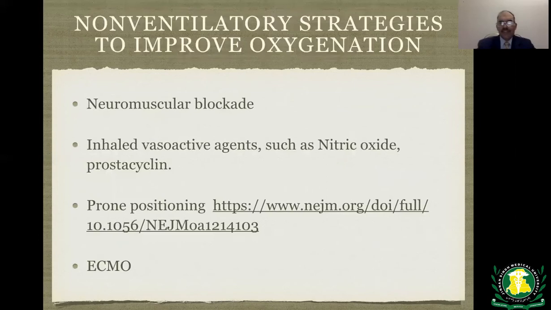Non-ventilatory strategies to improve oxygenation in case of severe hypoxemic respiratory failure, such as ARDS. These include neuromuscular blockade, inhaled vasoactive agents such as nitric oxide and prostacyclins, and prone positioning. If nothing works, then ECMO.